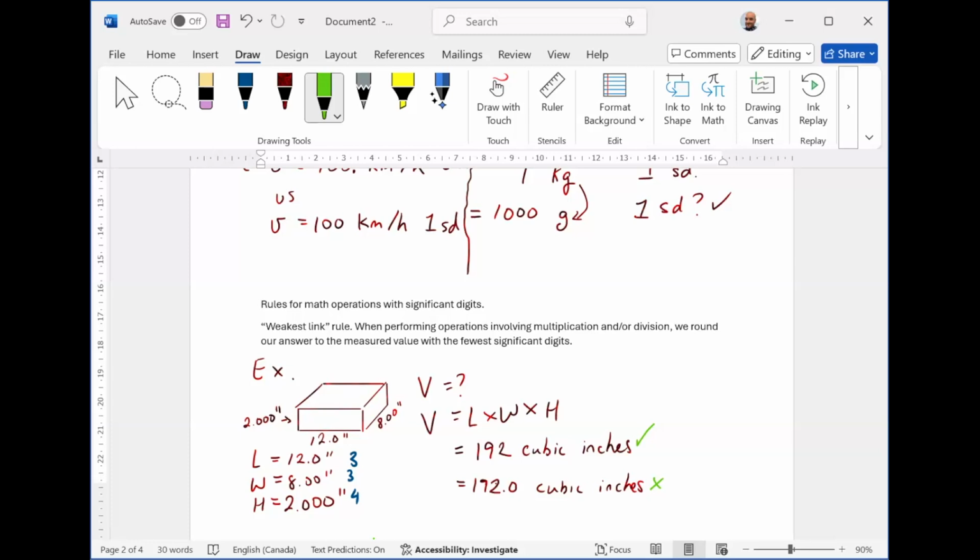Okay, so it seems like not a big deal. Like, who cares if you write down 192 or 192.0? Well, it matters when it comes to representing your work in science. When research is done and then shared with the scientific community, you have to be honest with what you're doing, because other people are going to be trying to replicate what you did.